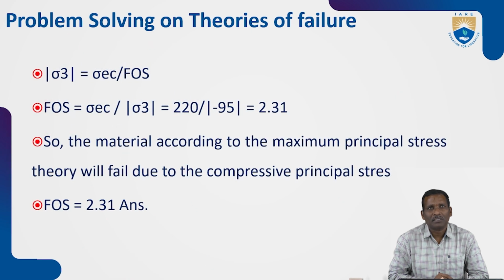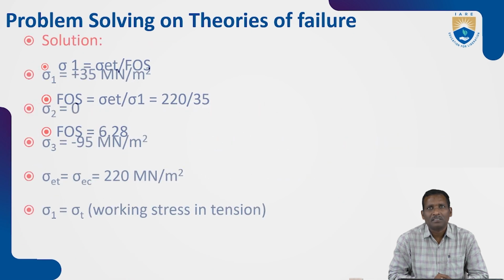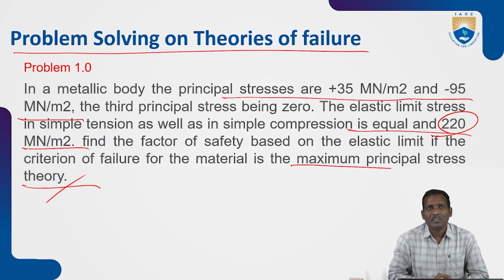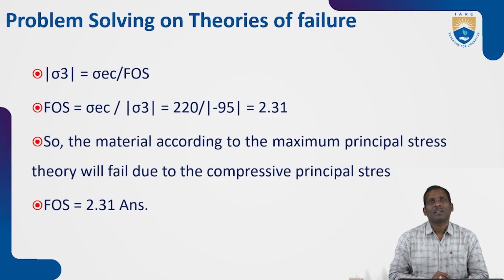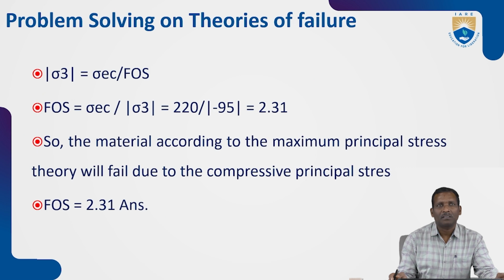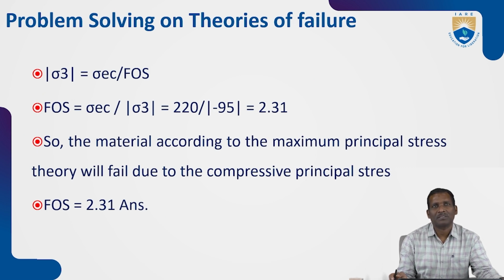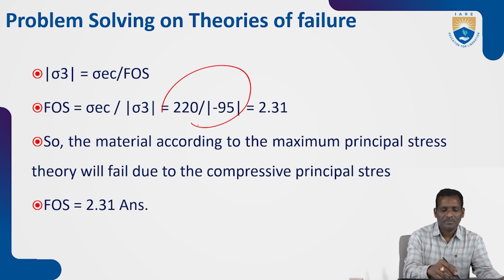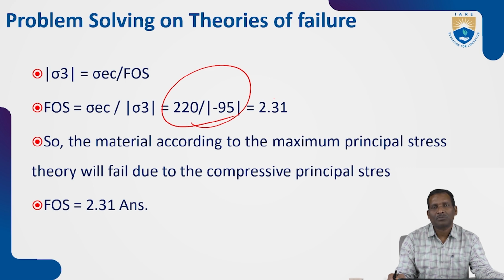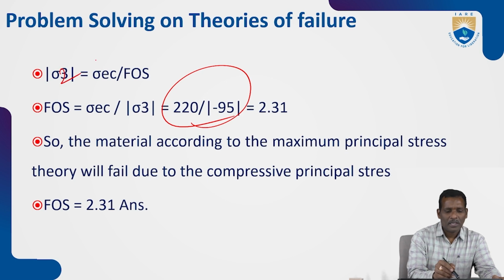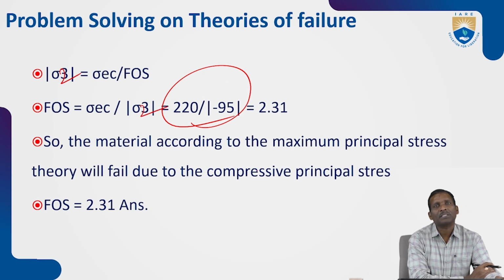And then one more: find the factor of safety and the criteria for failure of the material. So use the maximum principal stress theory. According to this theory, the material will fail due to the compressive principal stress. The compressive principal stress here is sigma 2, which is 95.